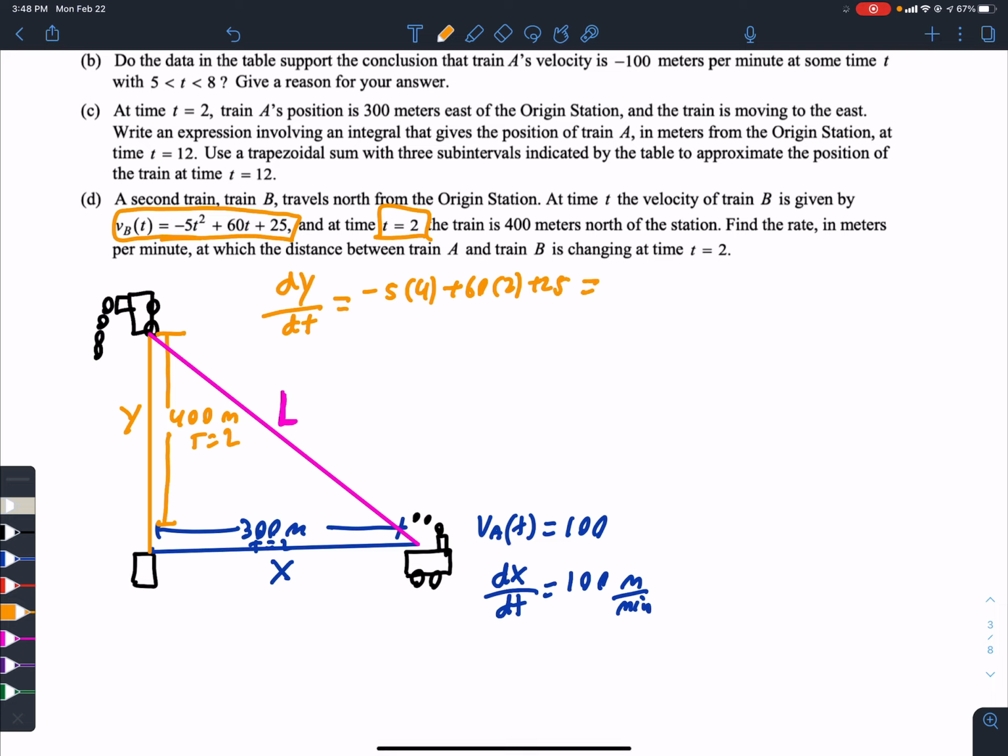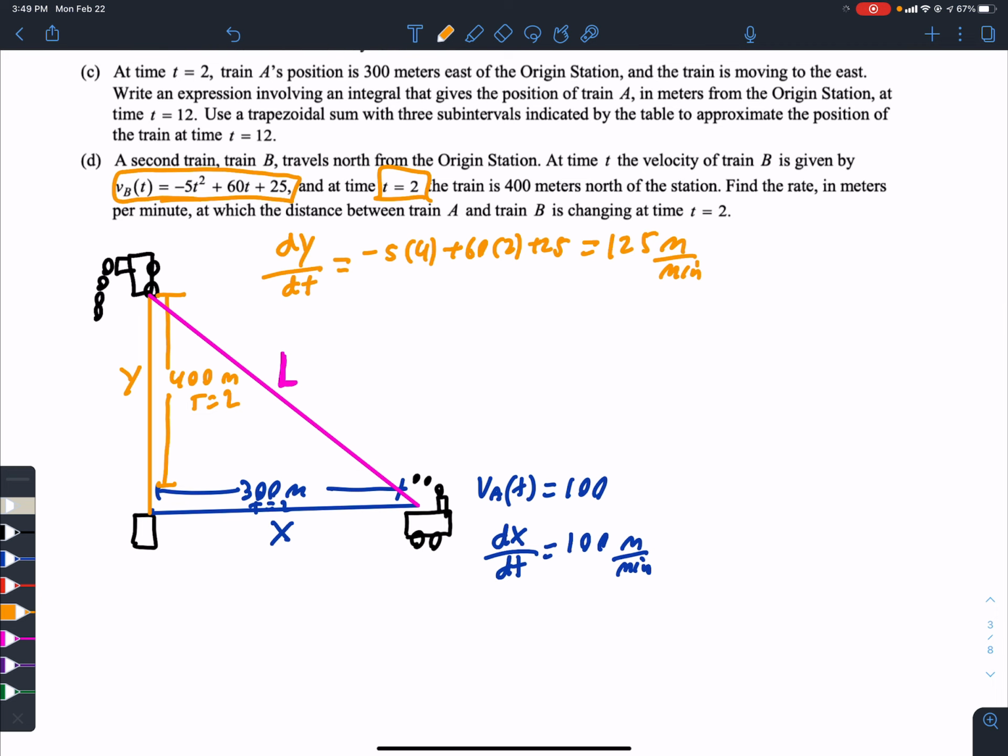Can I do that in my head? Maybe. That's negative 20, it's 5, 125. I'm getting 125 meters per minute. Okay, so now I have the velocity of train B and the velocity of train A. We're just going to keep going here with more information.